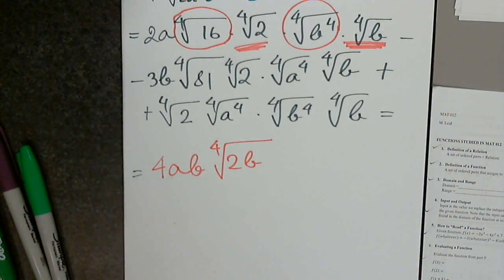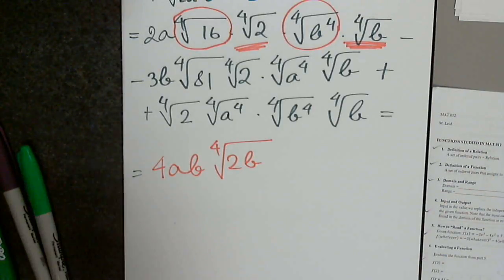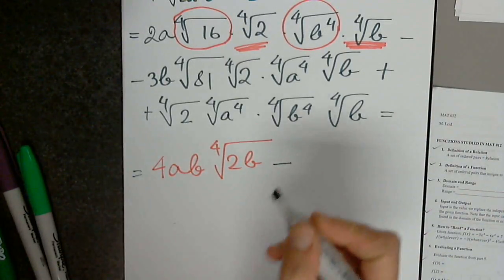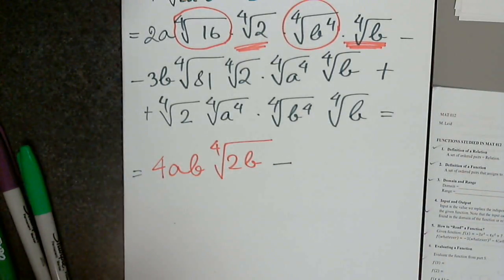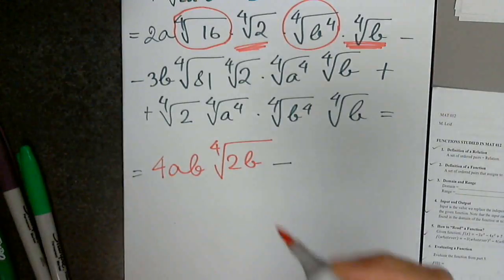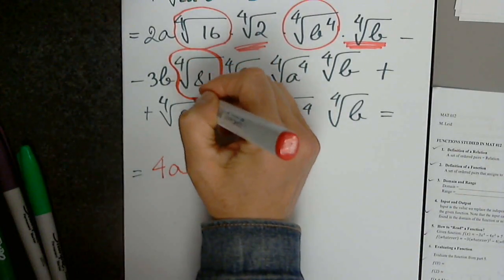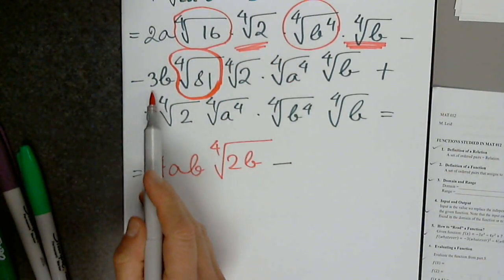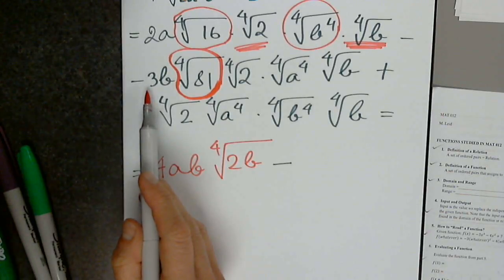Can anyone give us the simplified form of the second radical? It's minus. Minus what? 27. So what happens here? What is this? But it has to be multiplied by the 3 in front.